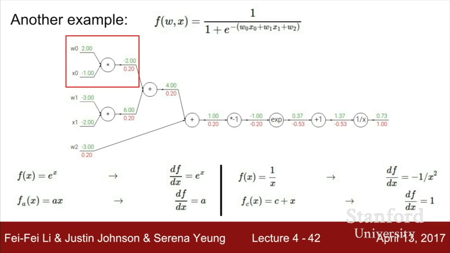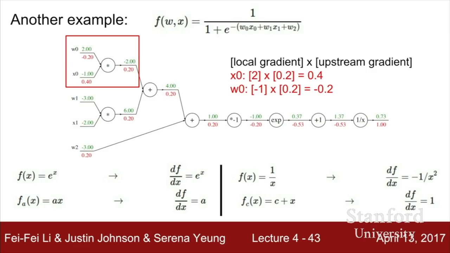I'm hearing minus 0.2, exactly. With respect to W0, we have our upstream gradient 0.2, this is the bottom one, times our value of x, which is negative 1, so we get negative 0.2. We can do the same thing for the gradient with respect to x0. It's 0.2 times the value of W0, which is 2, and we get 0.4.